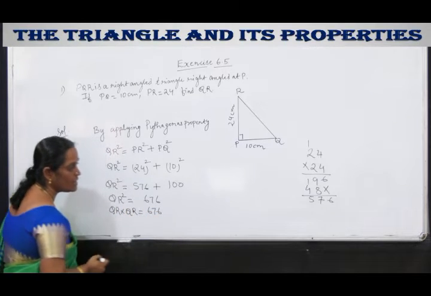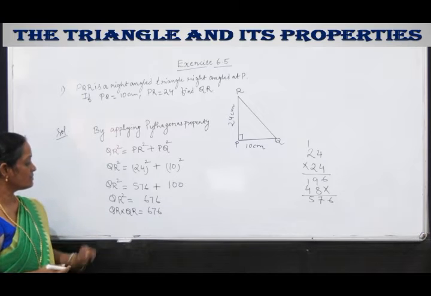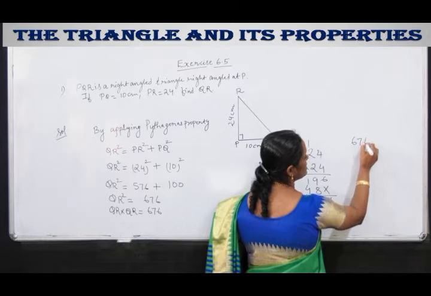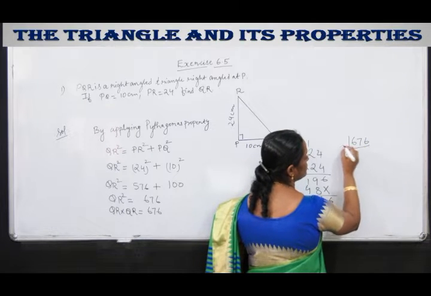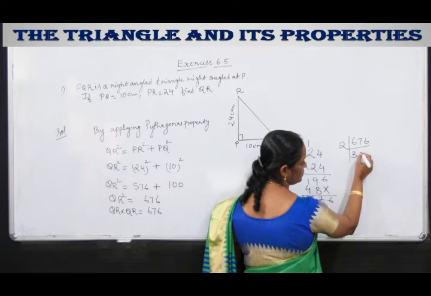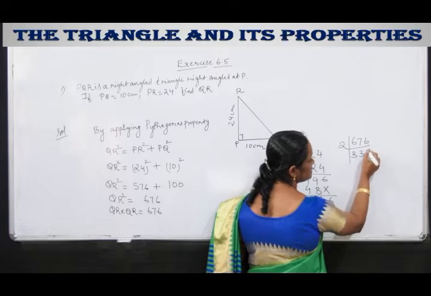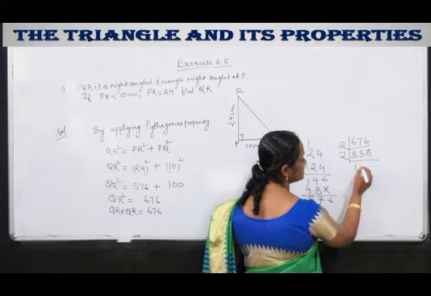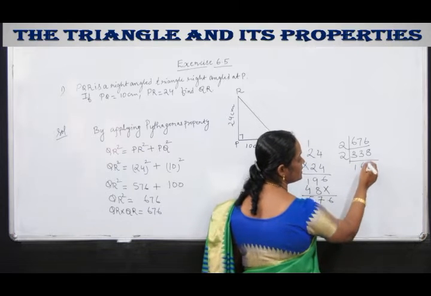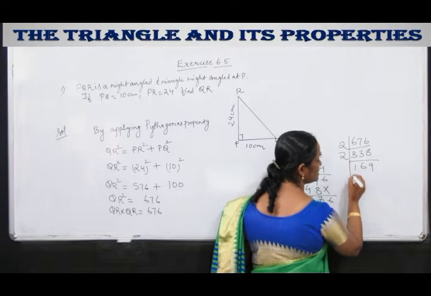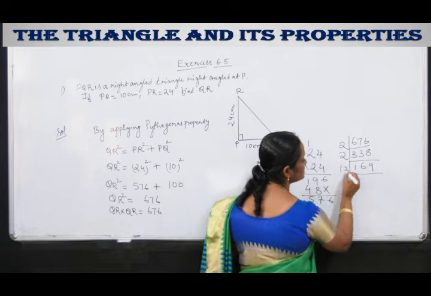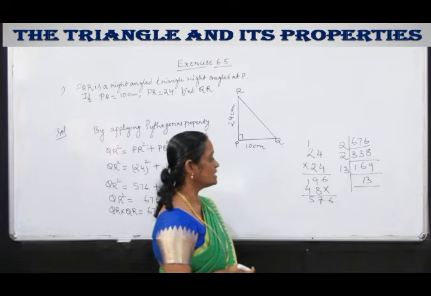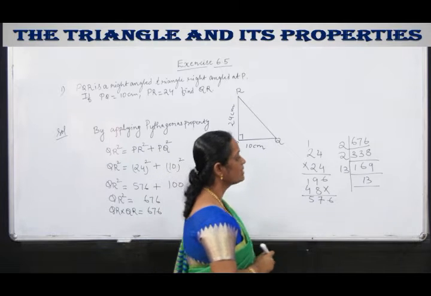So we have to find QR. Here we will do the prime factorization of 676. Dividing by 2 gives 338, then 169. Now 13 times 13 is 169. The square root of 169 is 13.